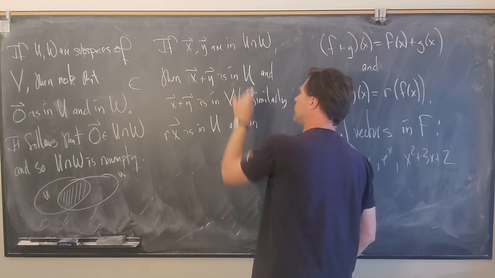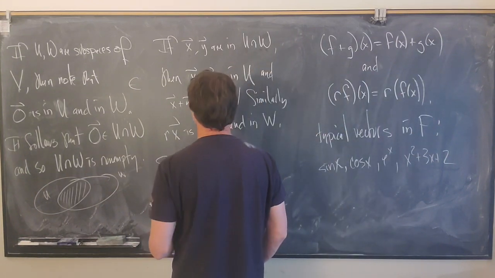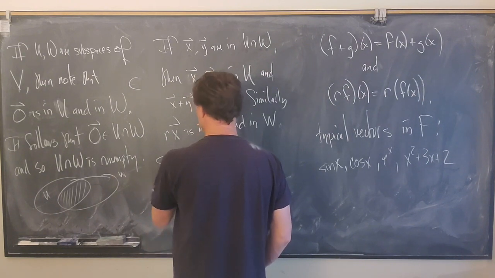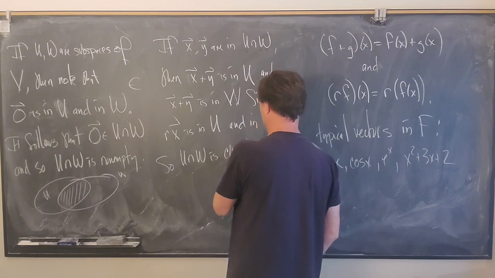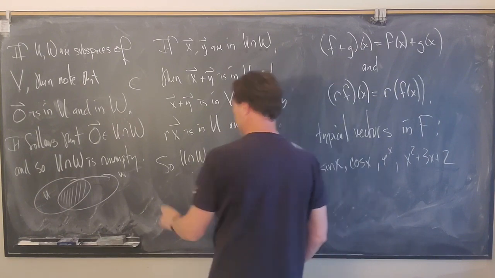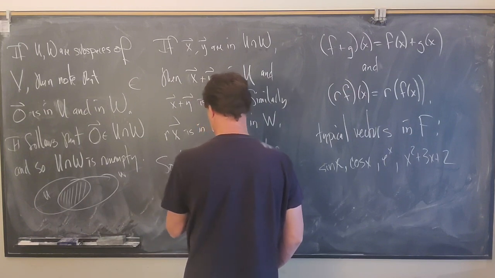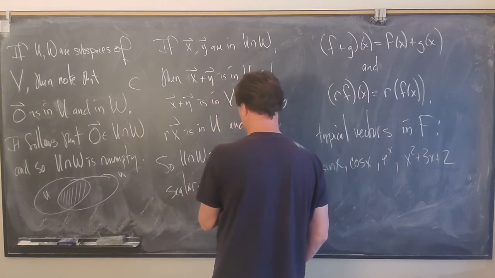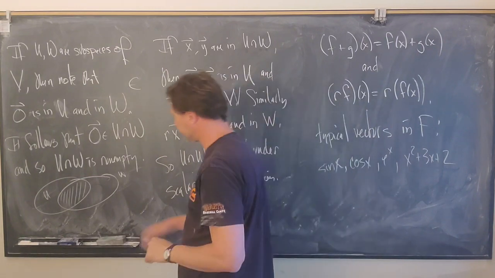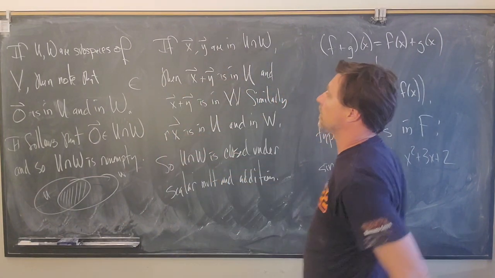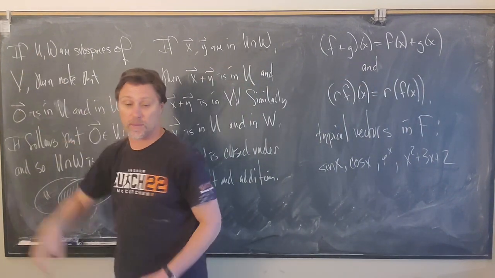That should be a W right there, and in W. So U intersect W is closed under scalar multiplication and addition. By the subspace test, if we start off with two subspaces, the intersection is a subspace.